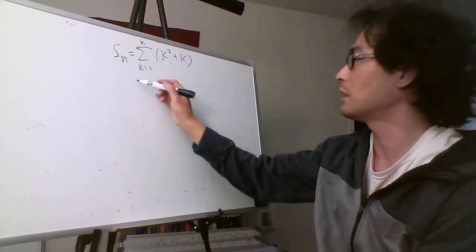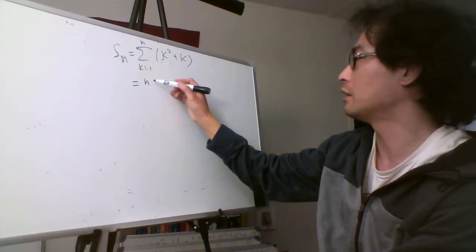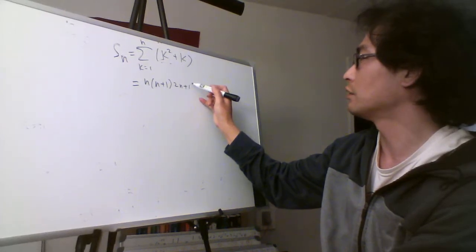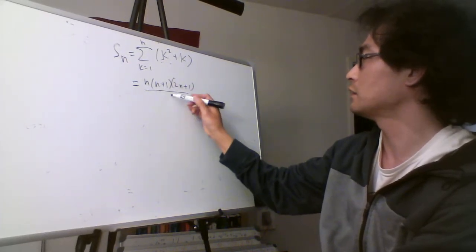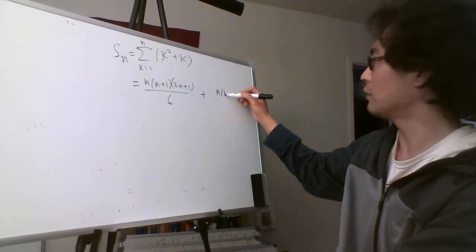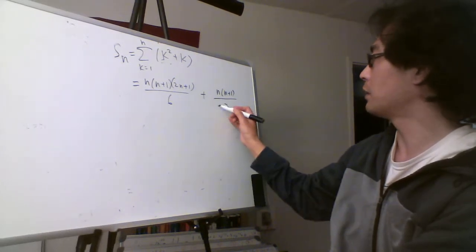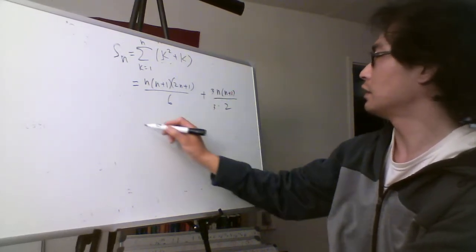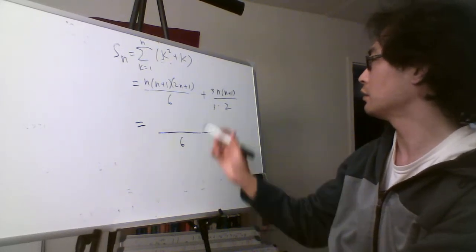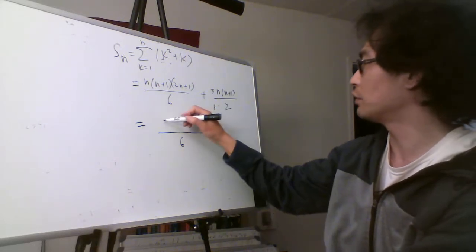Okay, so let's spell it out. n plus 1, 2n plus 1 over 6 plus n plus 1 over 2, okay, multiplied by 3, is equal to what? 6, okay, n plus 1 right there.